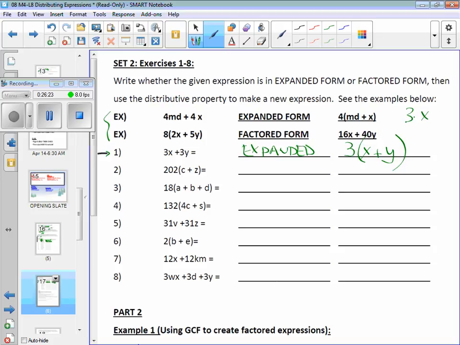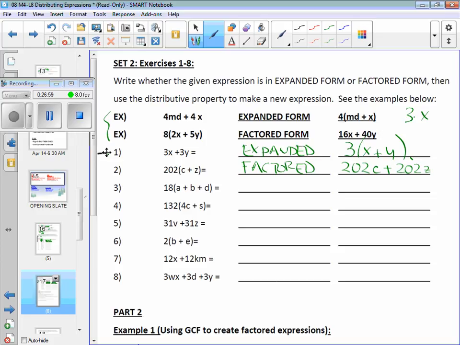Here's this big ugly one again. Only difference here is there's an extra step. Is it factored or expanded? Right, parentheses is going to be factored, always.